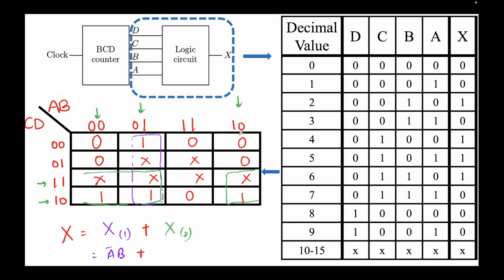When you consider these 3 columns, A is changing because A is 0 and 1, so we cannot take A. Similarly, B is also changing, we cannot take B either. Let me see if I'm not doing anything wrong.